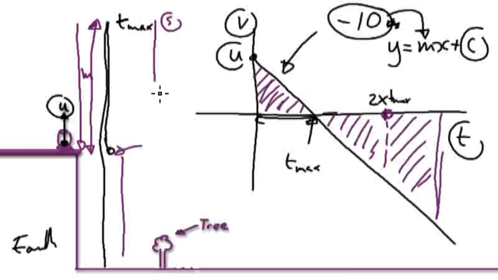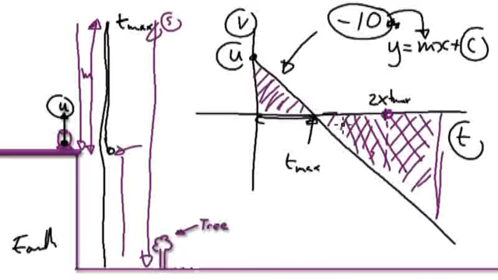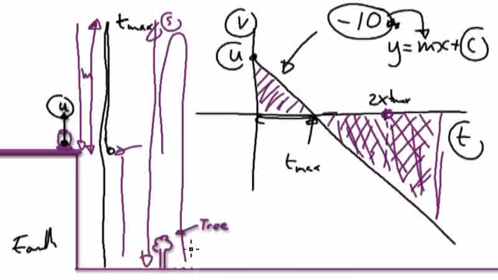So this whole height is represented by the area of this big triangle here. In the next video, I will show you how you can find the total flight time, so up and down.